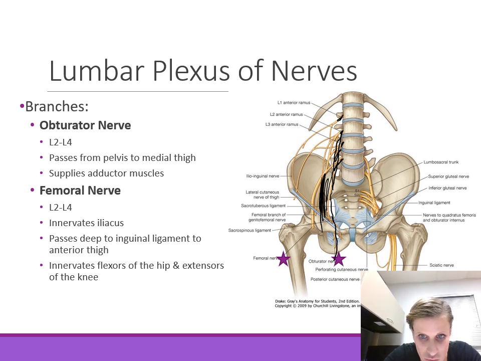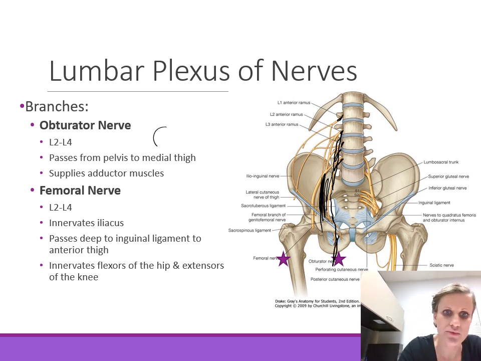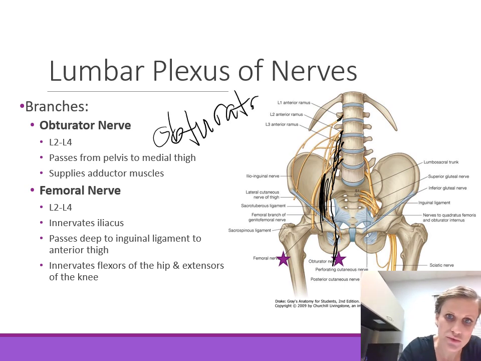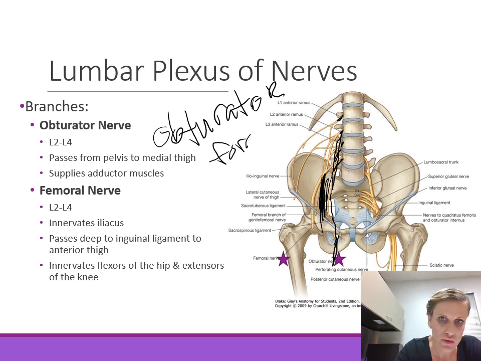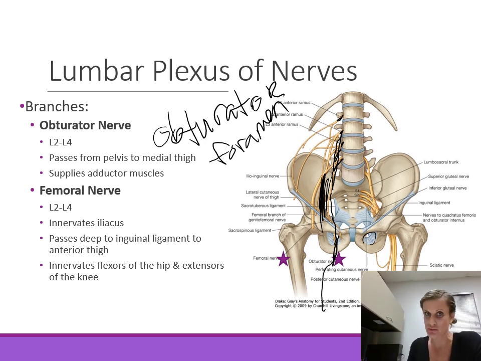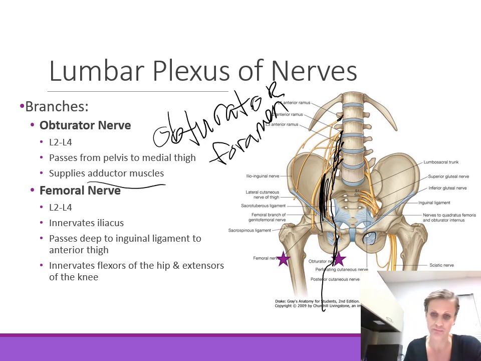It passes through the obturator foramen in the pelvis, right? That's that big hole in the pelvis, and comes into the medial thigh, which is where the adductor muscles are. So it supplies the adductor muscles.